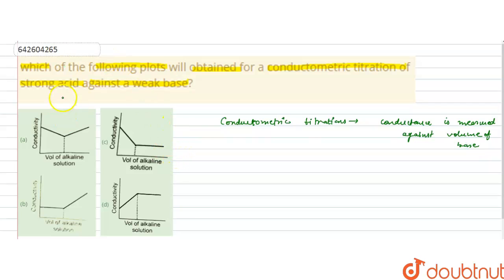Now we are given here a strong acid and a weak base. So let's say the strong acid is HCl and the weak base is ammonium hydroxide.